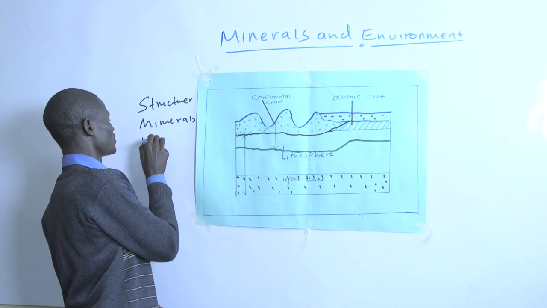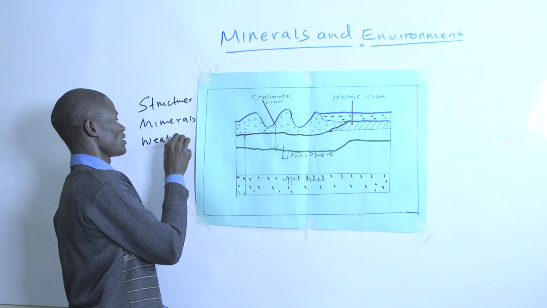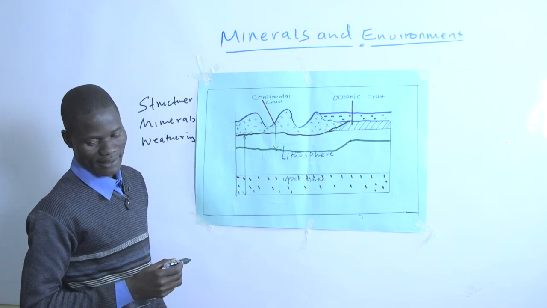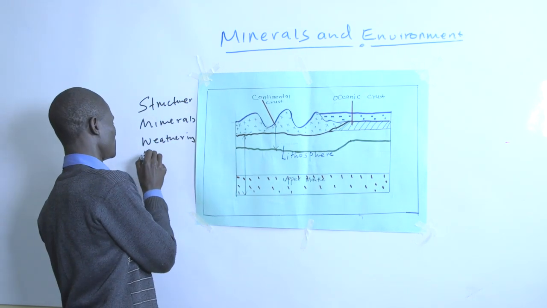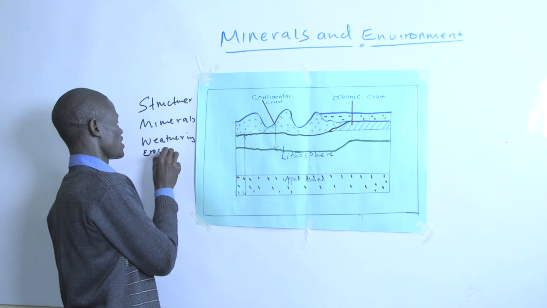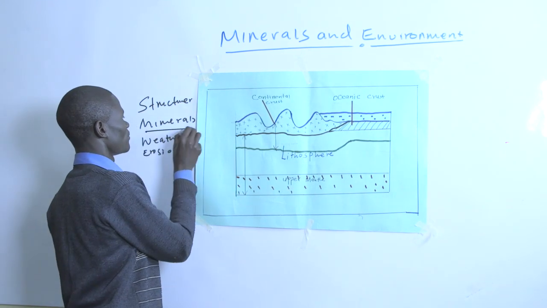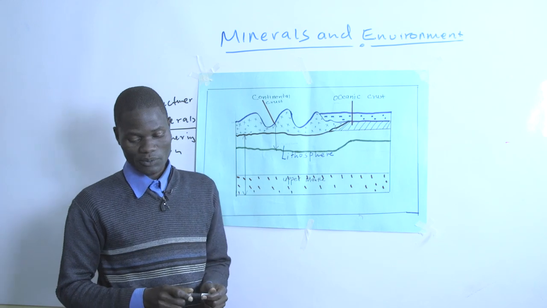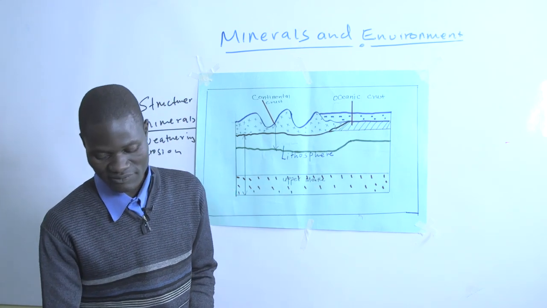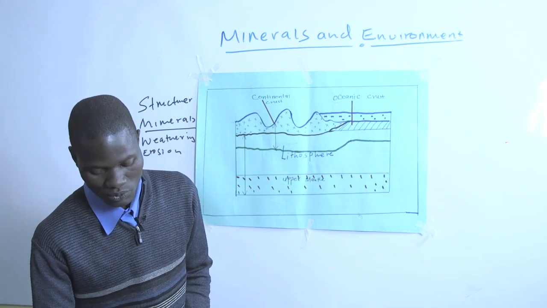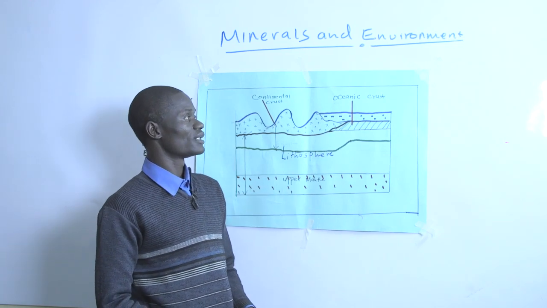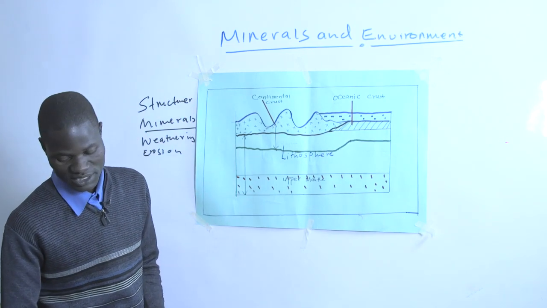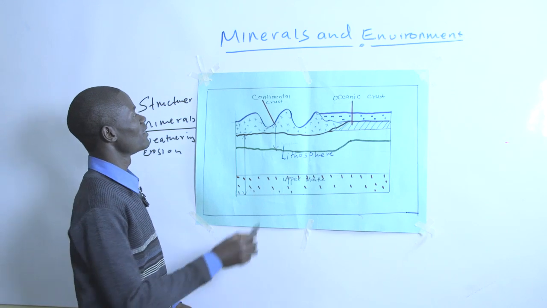Then in the next lesson, we shall be looking at weathering and erosion as we proceed. But because today we are going to look at the minerals and the environment, we'll base on the first thing, that is the structure of the earth.